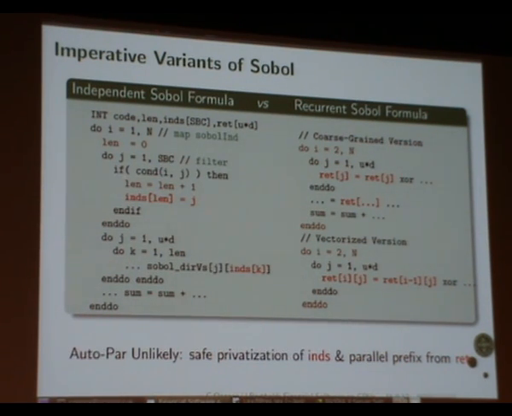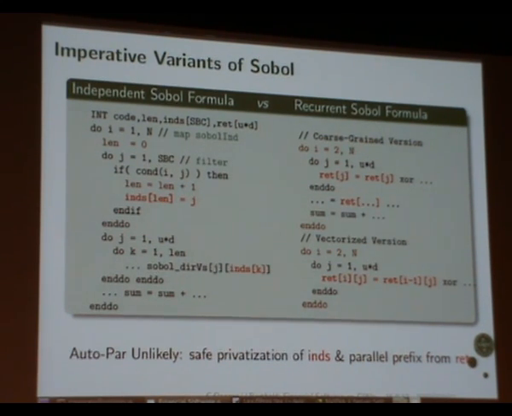And the problem here is that this computes kind of an inner filter, but this temporary array in which are stored the indexes which pass the test is actually declared globally. So in order to parallelize this do loop, the compiler will have to prove that any element from index which is read here has been written in the same iteration over here.